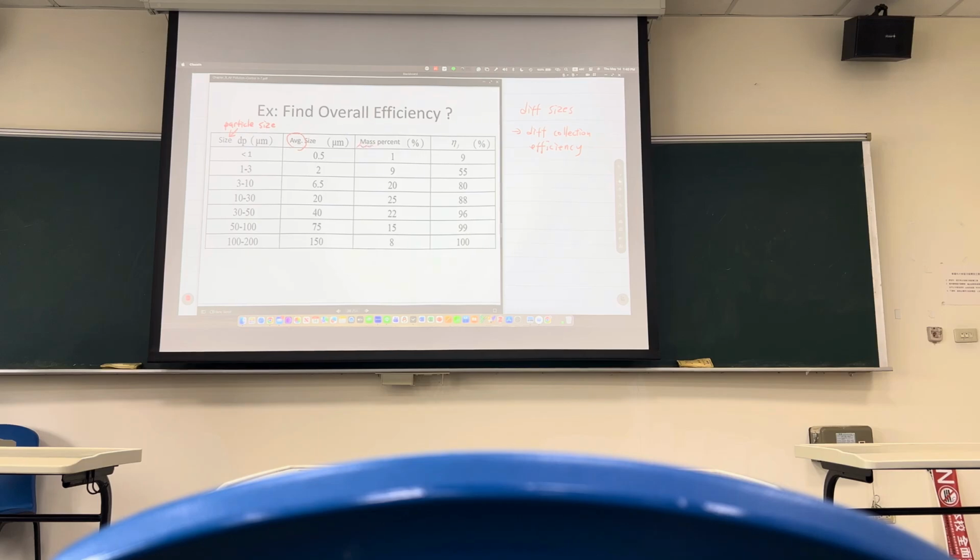And this is mass percentage. And this is collection efficiency. So less than 1, 1%. 1 to 3, 9%.